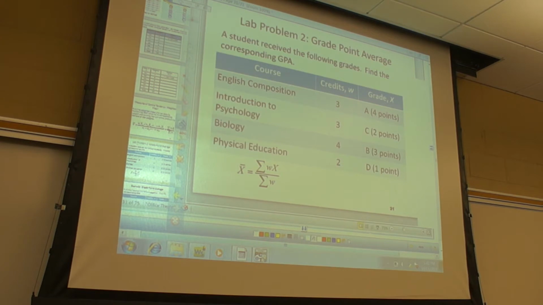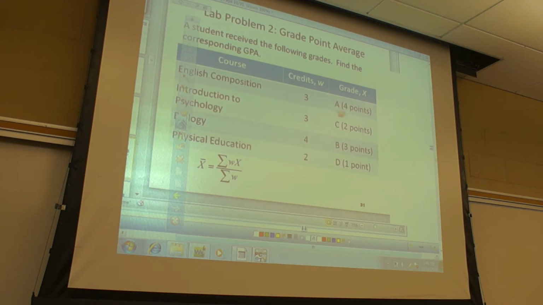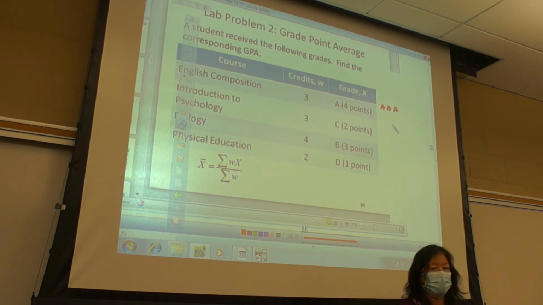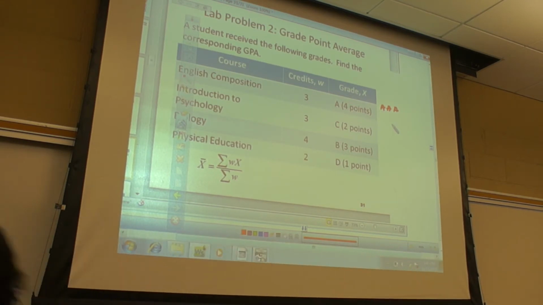Okay, so the way you can think of it is like this. If I have an A and it's worth 3 units, it's really like having 3 little A's, each worth 1 unit. An A is worth how many points? 4. You guys are comfortable with the idea that A's are worth 4 points, B's are worth 3 points, C's are worth 2 points, and stuff like that? Okay, that seems good. So really this is like 3 little 4s. And this C is like 3 little 2s.